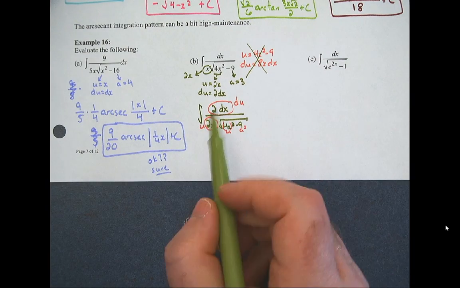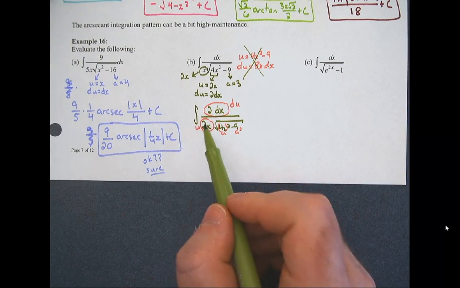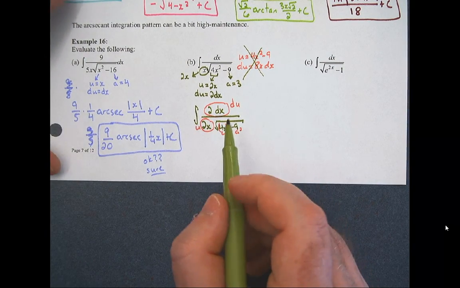No corrections, right? Our corrections canceled each other out. So I needed a 2 on the top. I needed a 2 on the bottom. So I multiplied the whole thing by 2 over 2.